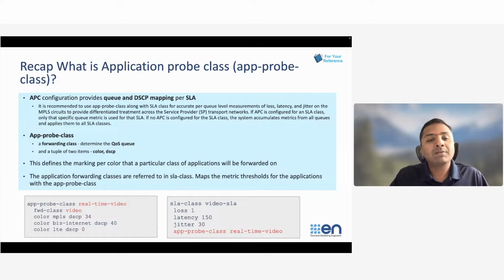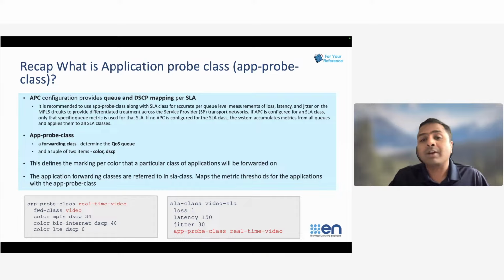So once you define this mapping and you tie it to an SLA class, which is on the right side bottom, which is video SLA, now we can measure at a queue level, at that QoS group level, the loss, latency, and jitter which we defined for video SLA: the loss should be 1%, latency should be 150 milliseconds, and jitter 30 milliseconds.